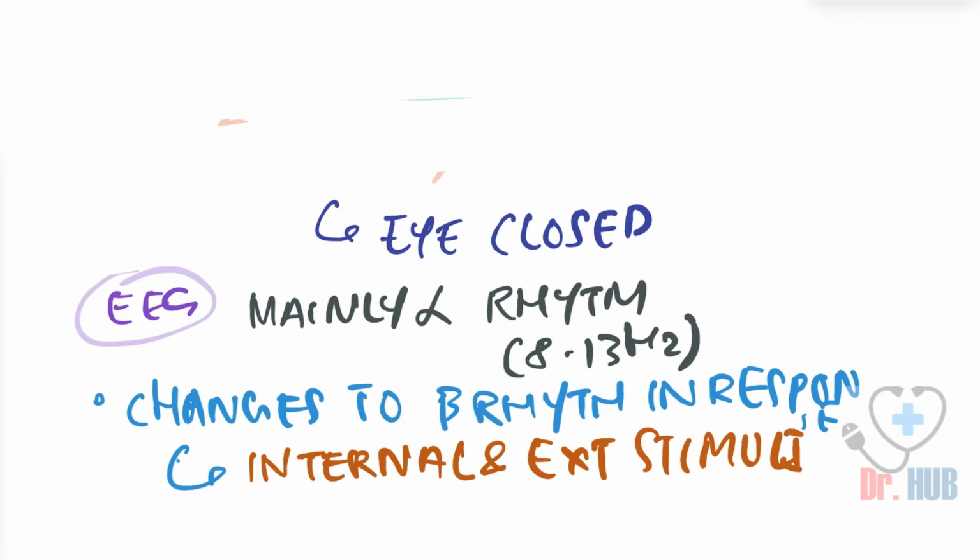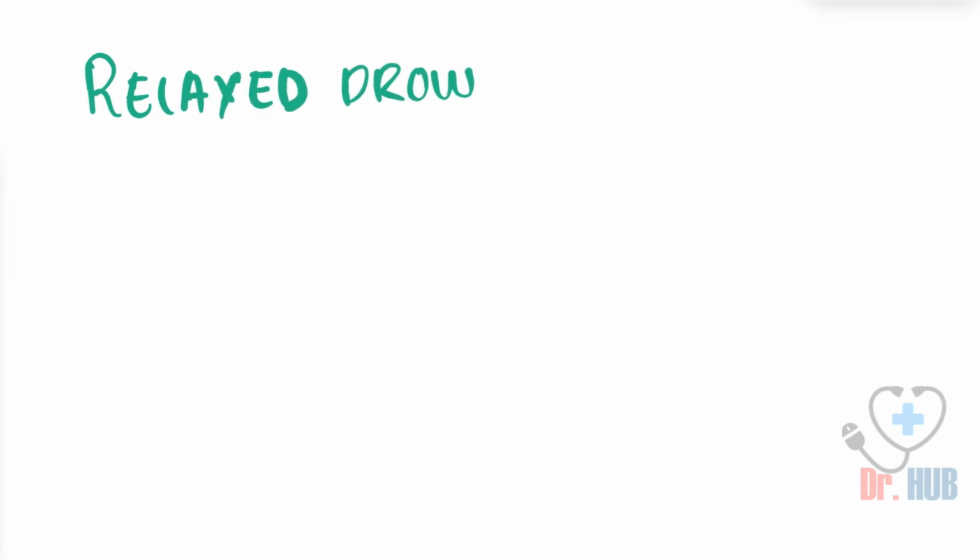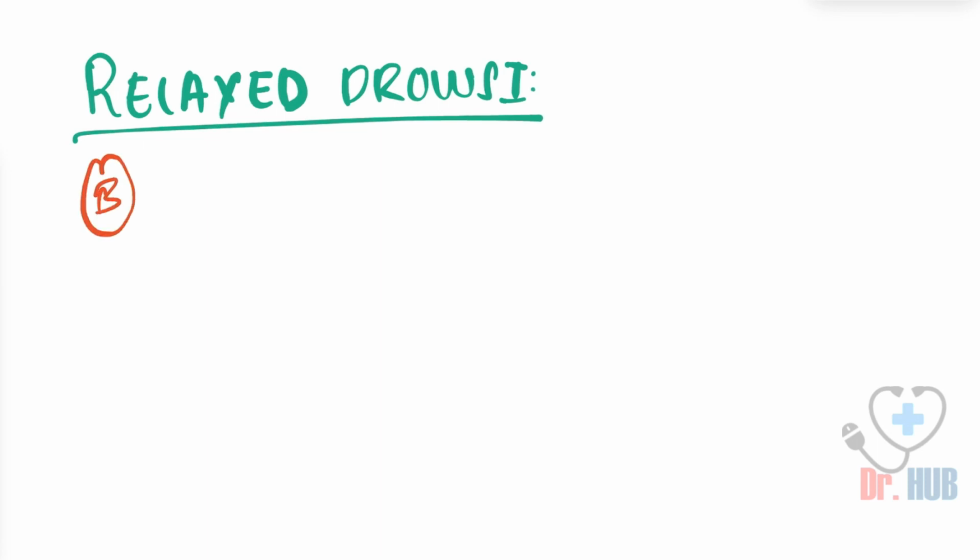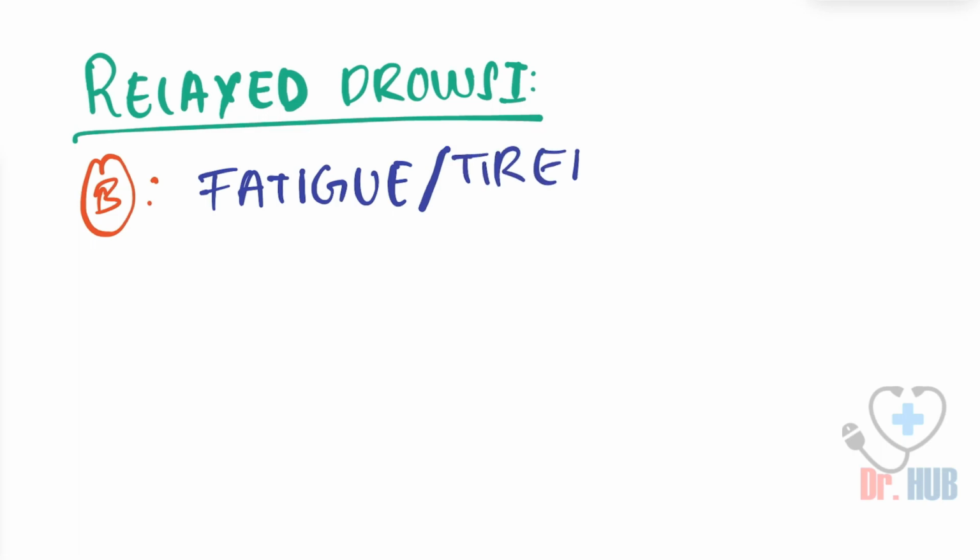Next, we will look at the stage of relaxed drowsiness. In case of relaxed drowsiness, for the behavior, the individual remains fatigued. There is a characteristic of fatigue and the person is also tired.